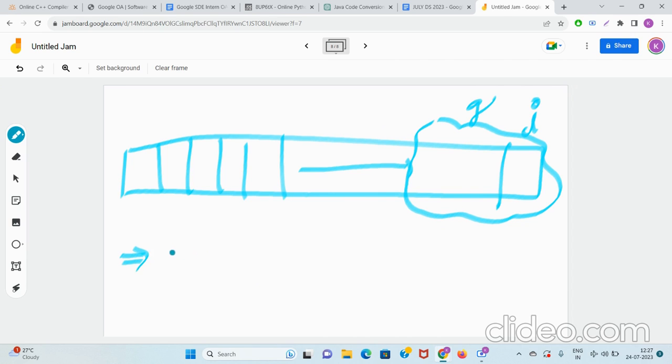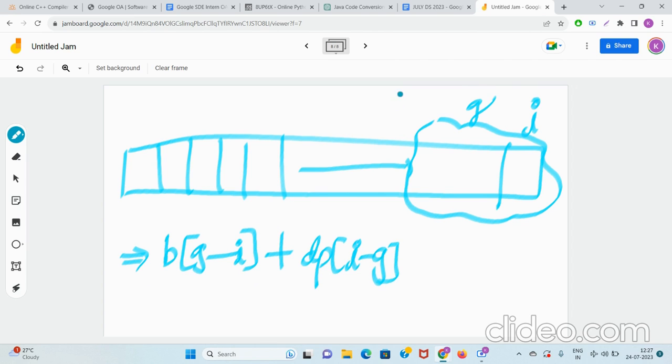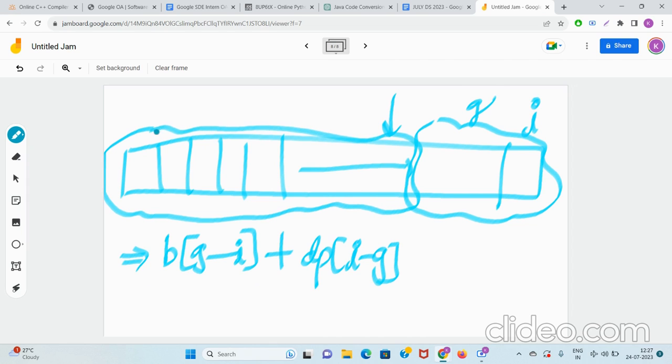It will be the sum of all the numbers from B of G till B of I, plus dp of I minus G. Dp of I minus G is the index just after the G elements, so this much best answer you already know.